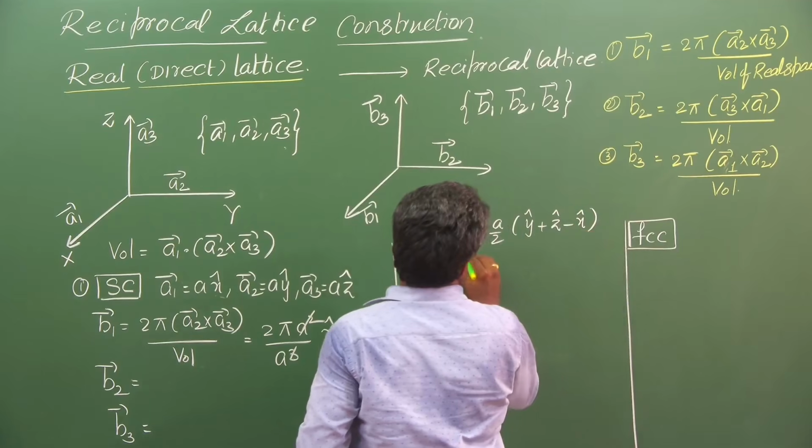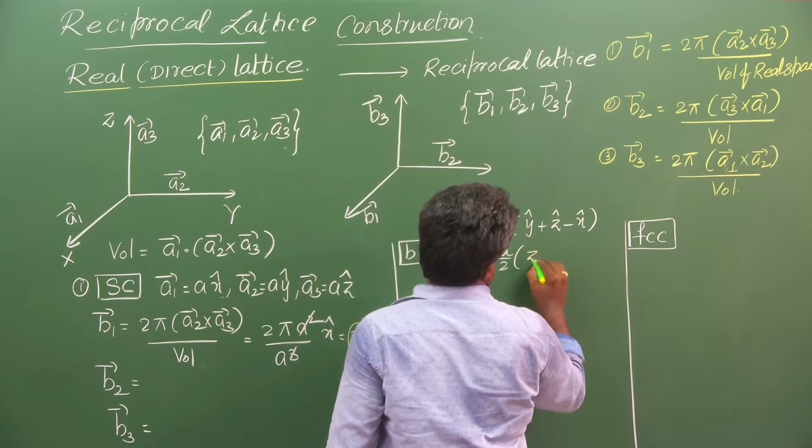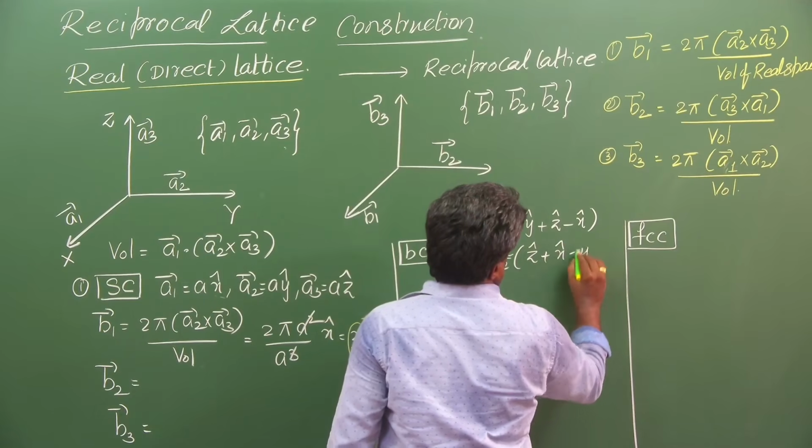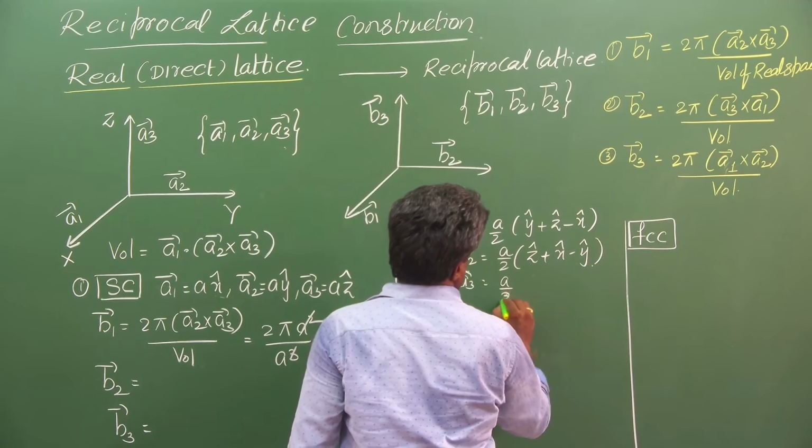I hope everybody remembers the primitive vectors of real space of BCC and FCC also. I am writing them here. I request you to find the corresponding reciprocal vectors.